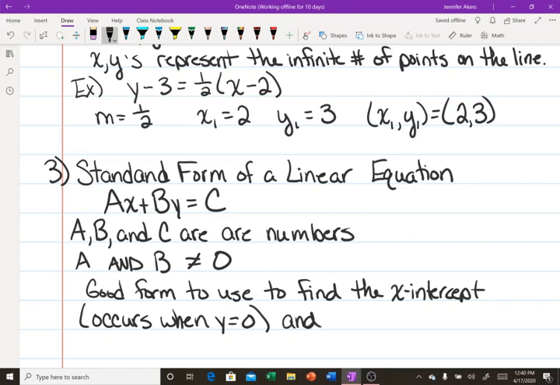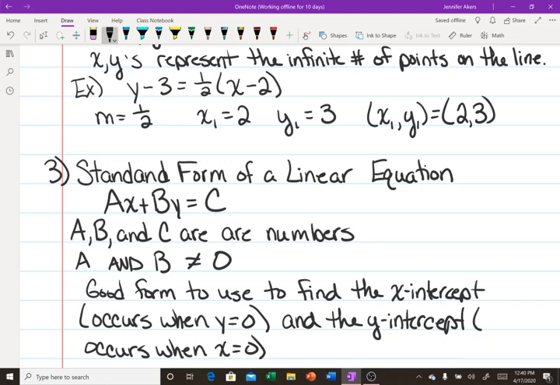And this is a good form to use to find the y-intercept. Might as well review that. That occurs when x is 0.